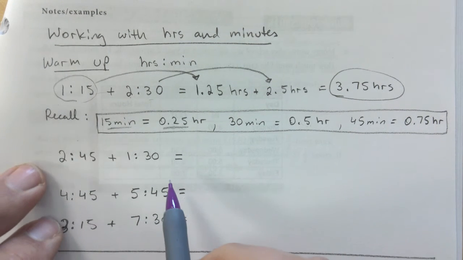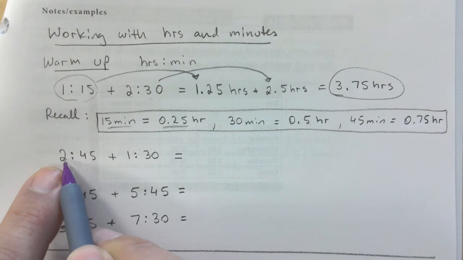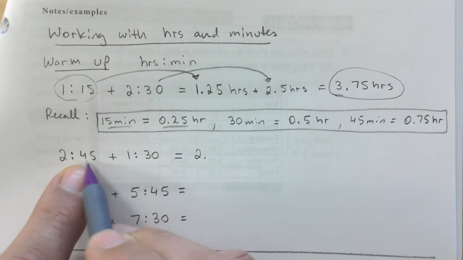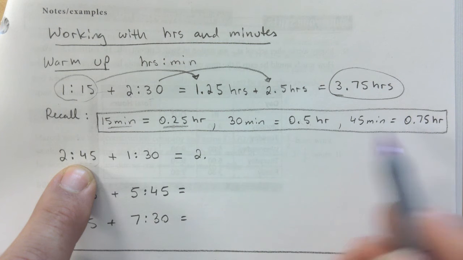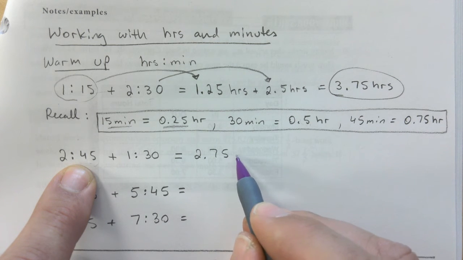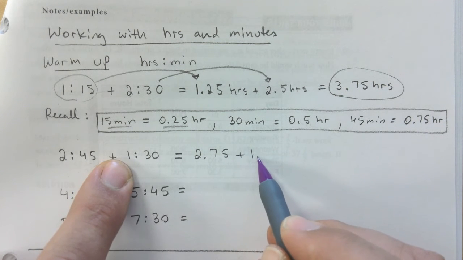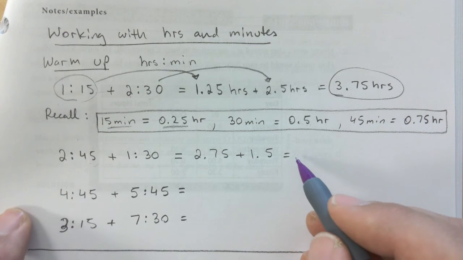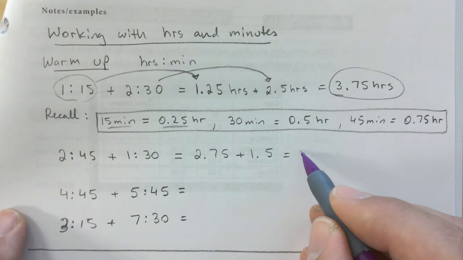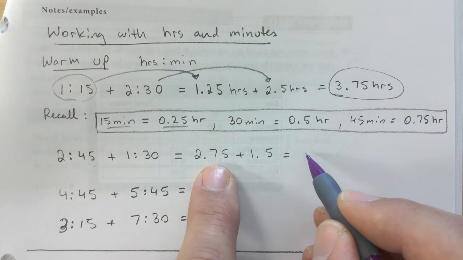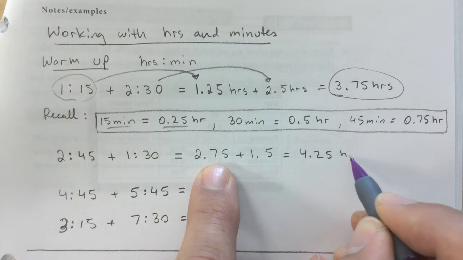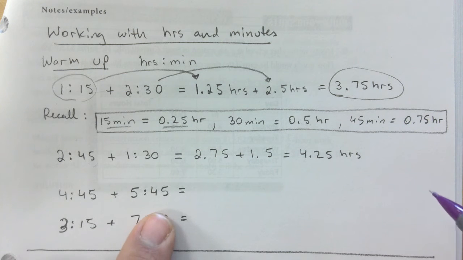All right, so you transfer that, right? You put the 2 point, you figure out what that is as a decimal, and it's 0.75, plus 1.5, right? And that would give you 4.25 hours there.